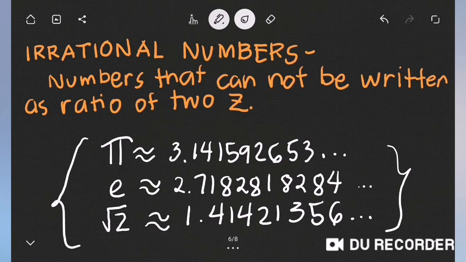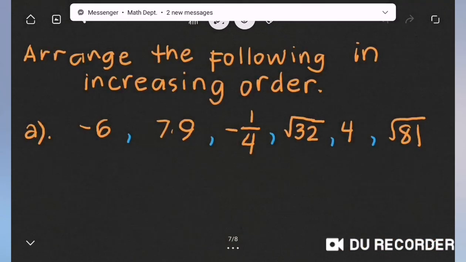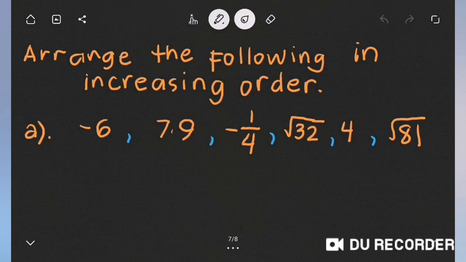Okay, so why do we have to study the real number system? Our next activity or the next few examples will be considered as the use of knowing what composes the real number system. Kasi kung alam natin kung ano yung bumubuo ng real number system, and then let's say we're asked to arrange the following in increasing order. If you will notice, classmate, ang given ay magkakaibang form or magkakaibang type ng real numbers.